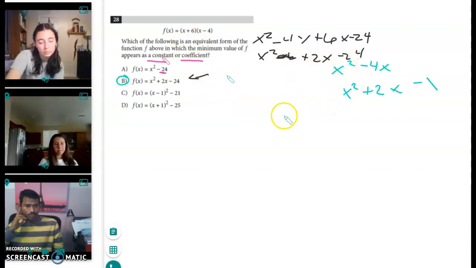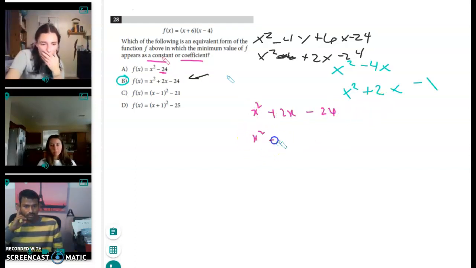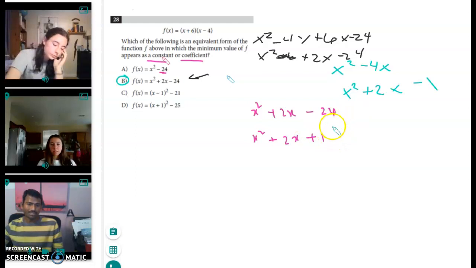But if I write it in vertex form, I can write x squared plus 2x plus 1, because I'm going to make this a vertex form, and then minus 1 minus 24.